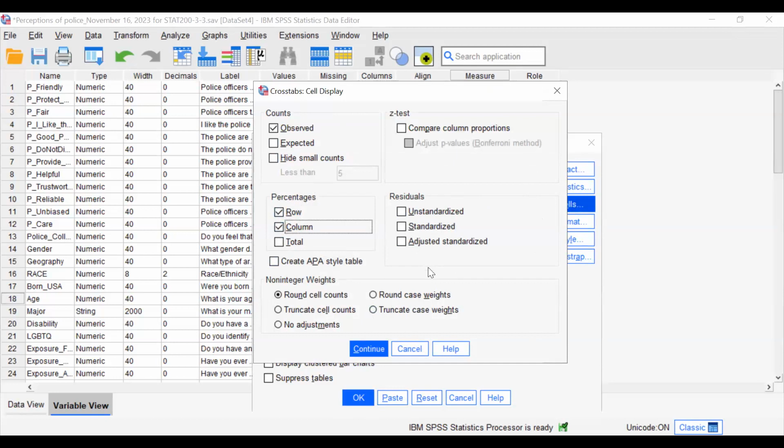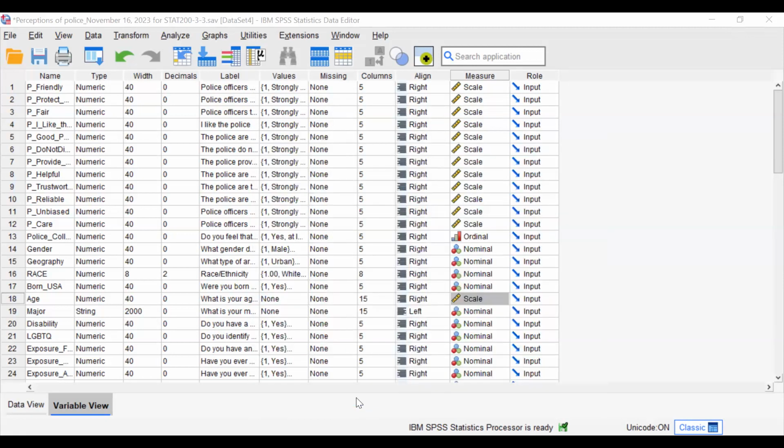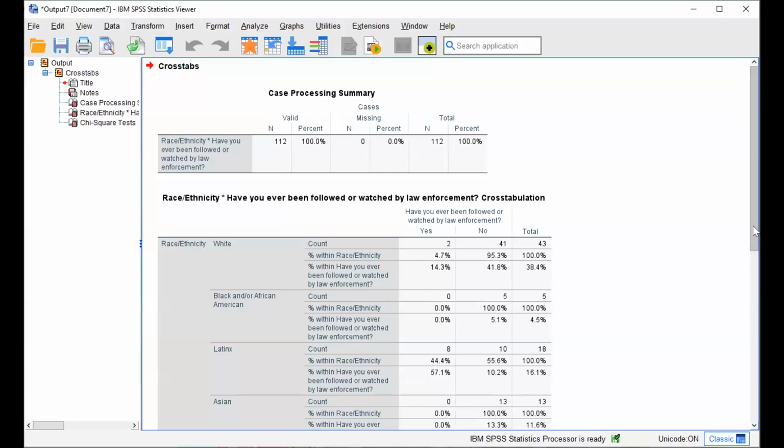And that's it. Continue. And let's get Format. That's okay. And everything else is okay. And then we press OK. Now I am going to take you to the output. Okay. So here's the output.